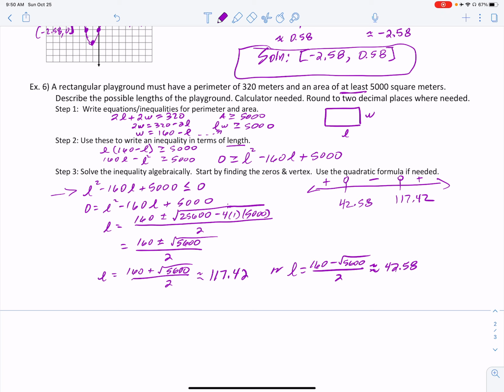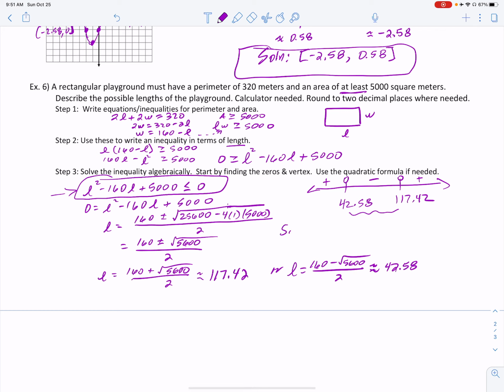And so what is my overall answer? I need for the area to be greater than or equal to 5,000, and it said values of L that make this negative. So between 42.58 and 117.42 makes that left side of the inequality negative, which are my solutions. And it said or equal to 0.